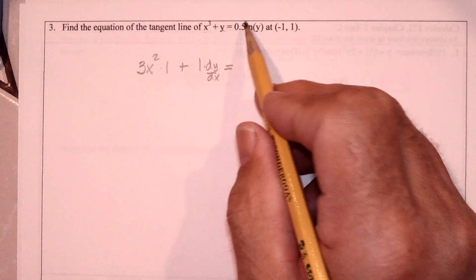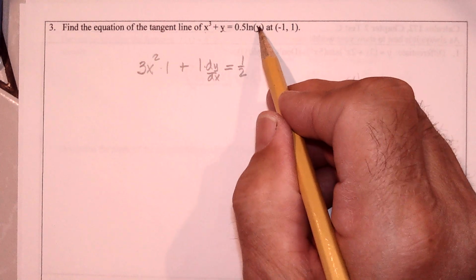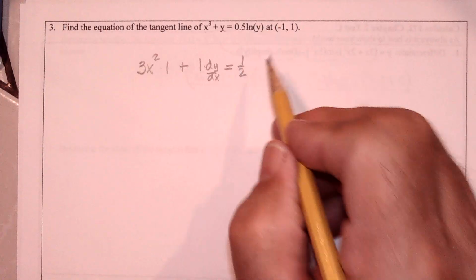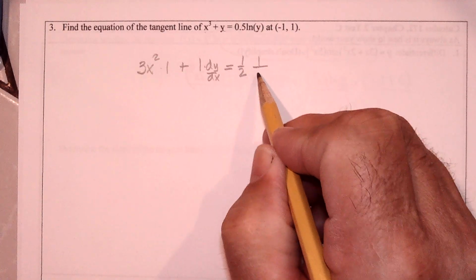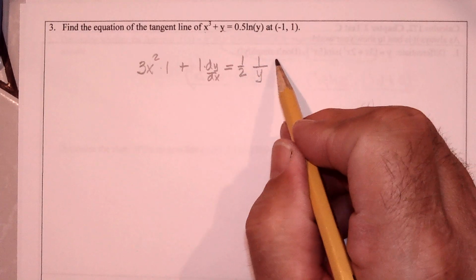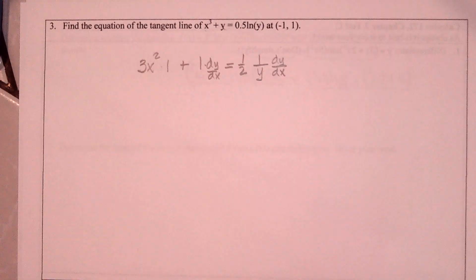Equals, and we have 1/2 the derivative of ln y. Well, the derivative of ln of something is 1 over the something times the derivative of the stuff inside, which would be dy/dx.